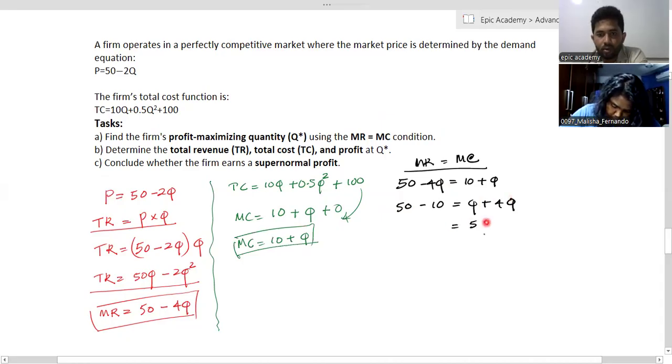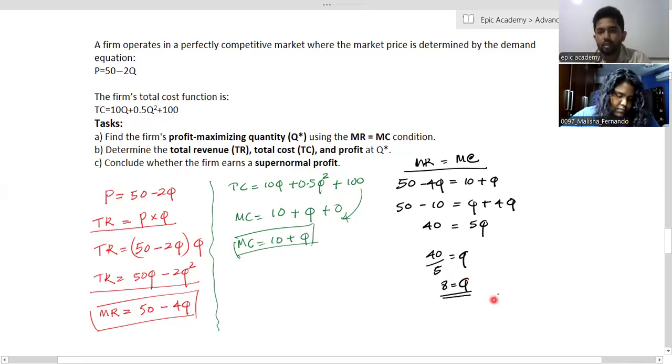Then 5Q equal to 40. Yes. Okay. And then 40 divided by 5 must be equal to Q. It is 8.